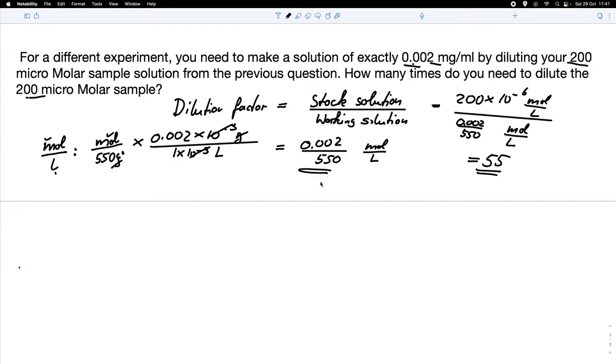If you want, we can calculate that. If we put that into a calculator, this would be a working solution of 3.64 times 10 to the minus 6 mole per liter. Might be useful to do this calculation for further calculations down the line.